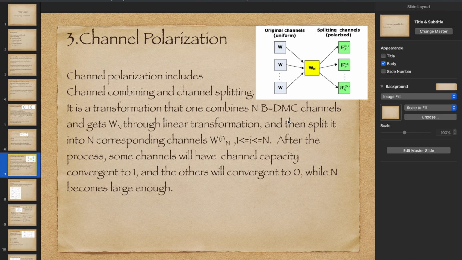And then we split it into n corresponding channels W_N^(i). After the process, some channels will have channel capacity convergent to 1 and the others will converge to 0, when n becomes large enough.